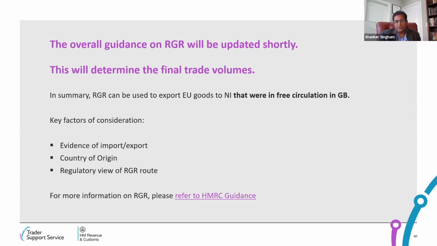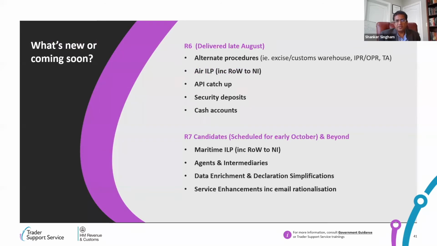If it's from the EU, for example, you're using RGR that way, EU to GB. Evidence about the country of origin, and the route of the RGR. You need to know where it's going. At the product level, you need to be able to track that it goes from EU to GB to Northern Ireland. And we've got links there to HMRC guidance.